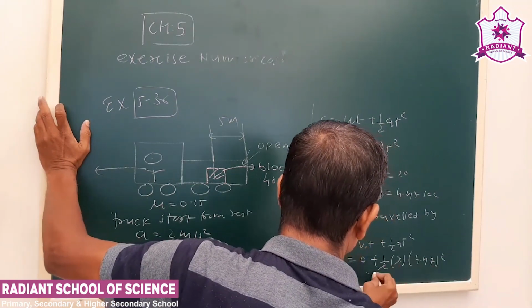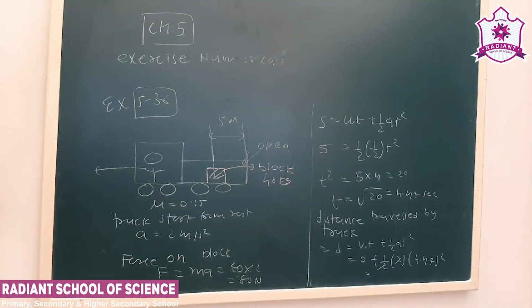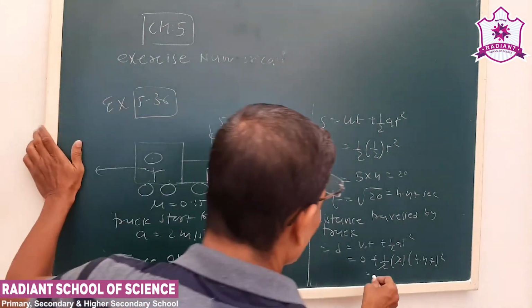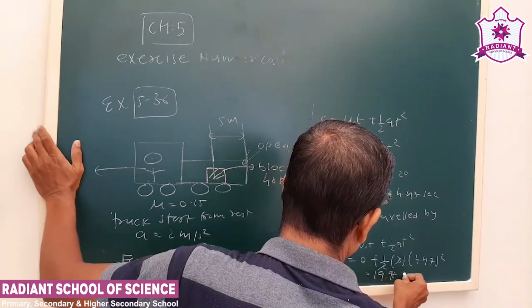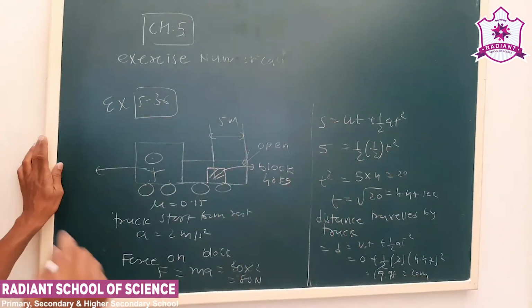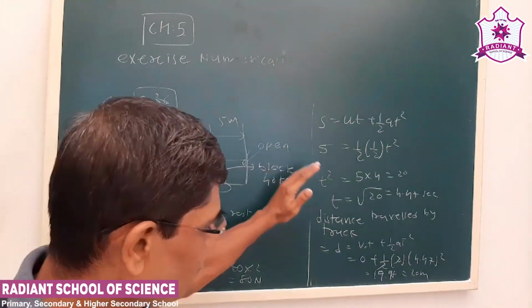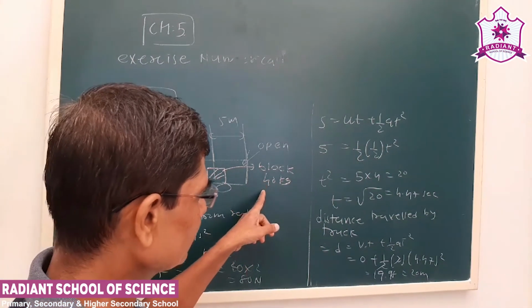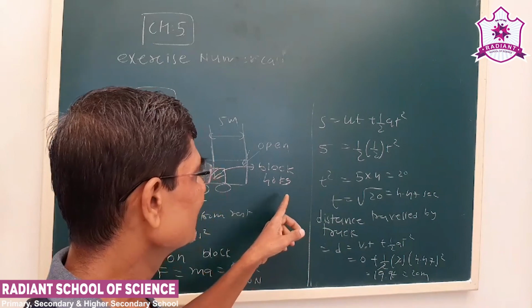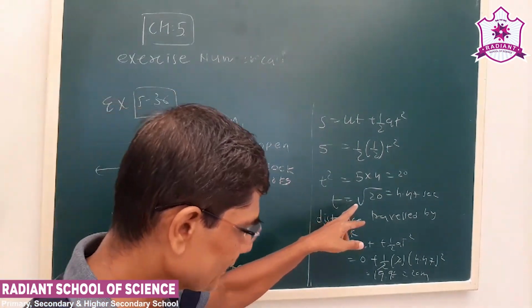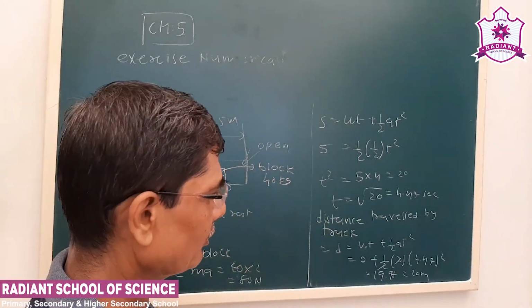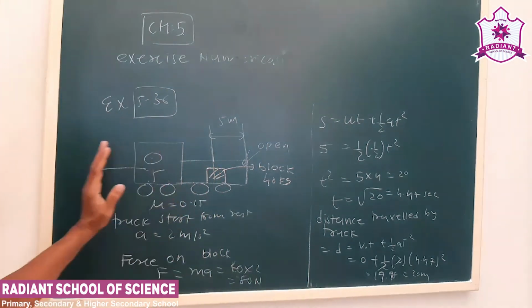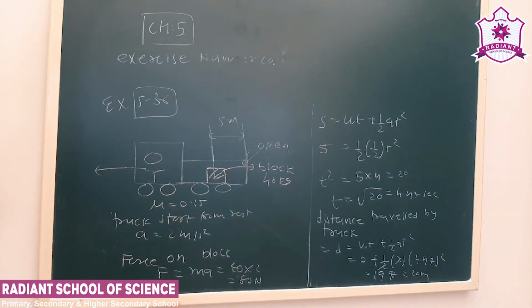If we square this, we get 19.98 or 20 meters. So when the block falls from the rear part of the truck, the distance traveled by the truck will be equal to 20 meter.